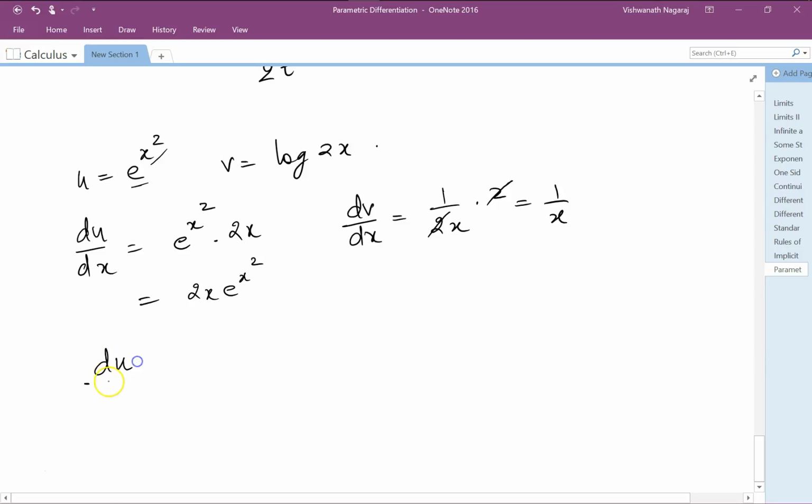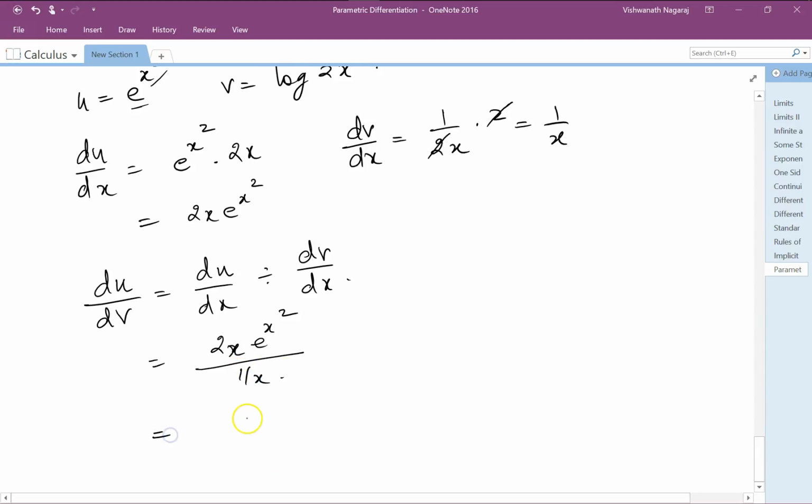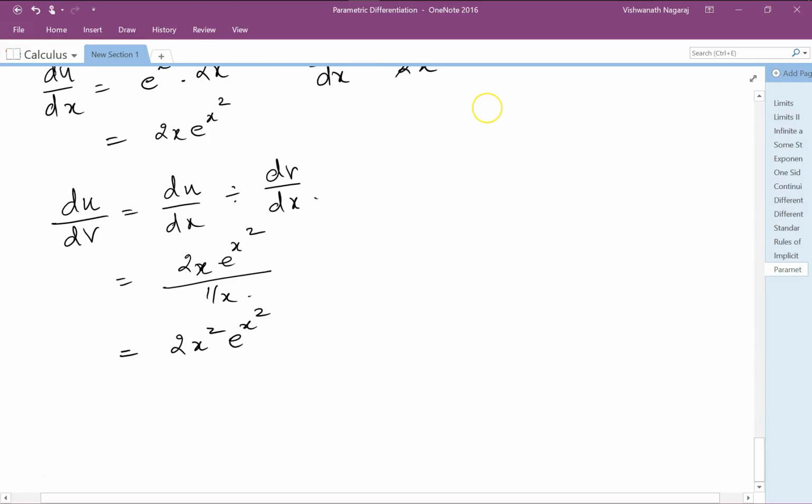So we require du by dv, which is equal to du by dx divided by dv by dx. So du by dx is 2x e to the x square divided by 1 by x, which is nothing but x, we can take it up. So 2x square e to the power of x square.